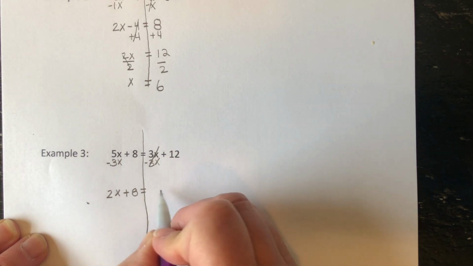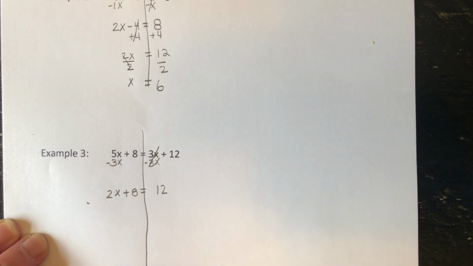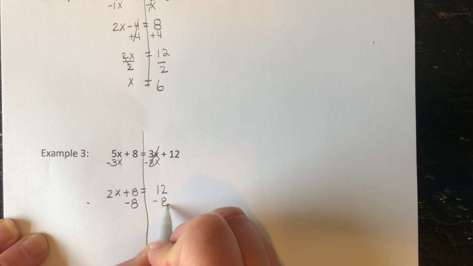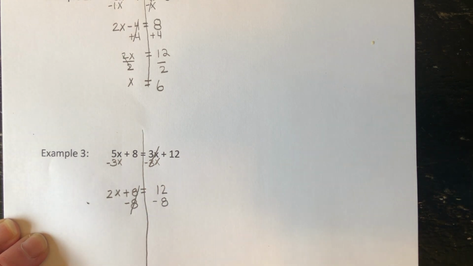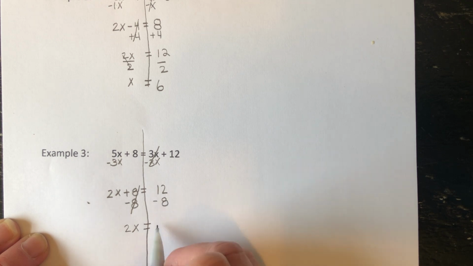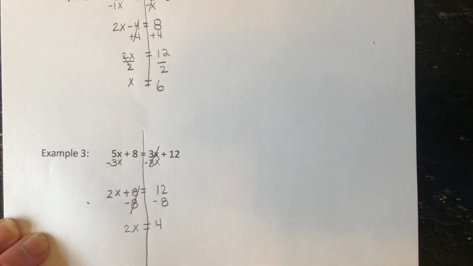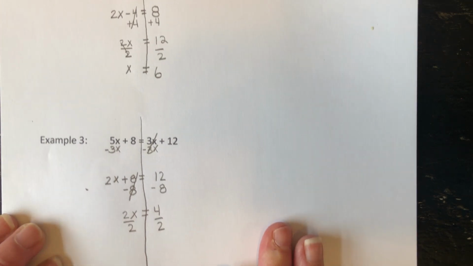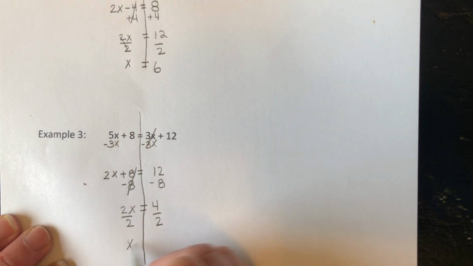Remember to cancel those. Equals 12. Okay. Two-step equation again. I'm going to subtract 8 from both sides. My 8's will cancel. I'm left with 2x equals 12 minus 8 is 4. I divide by 2, divide by 2, and I have x equals 4 divided by 2 is 2.